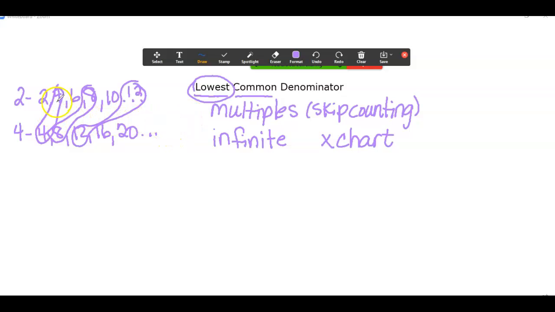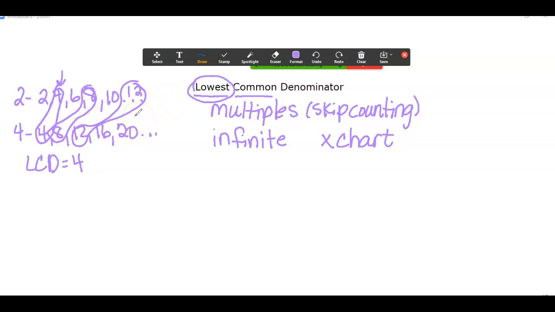Once I find one common denominator, I can actually stop. It's not like when we did greatest common factor where we wanted the biggest. This time we want the smallest. So the LCD, the lowest common denominator of 2 and 4, is 4, because that is the lowest common denominator.